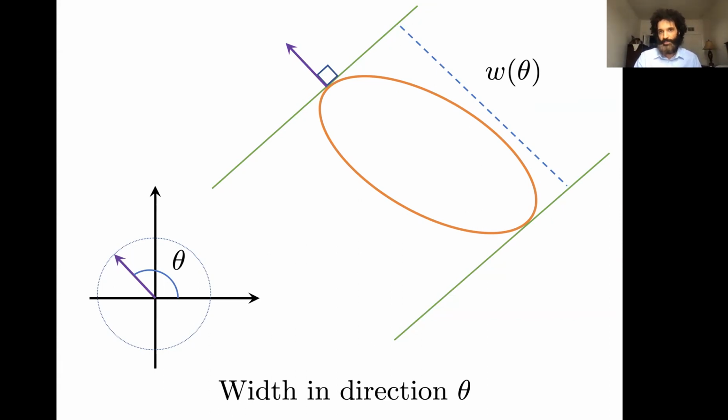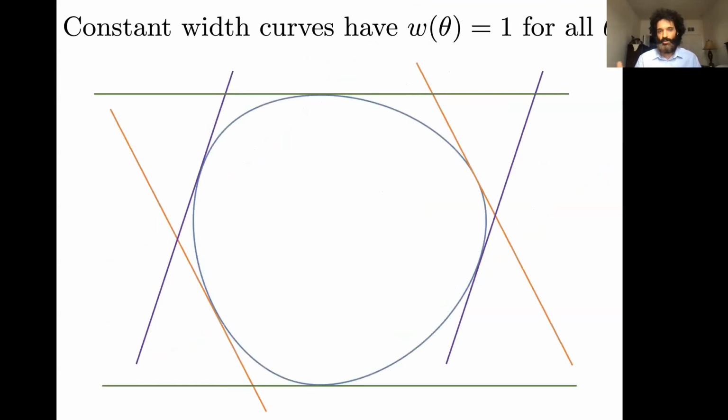All right, and so the objects that we'll focus on today will be curves and then later bodies in space of constant width. And so in the plane, a curve of constant width is one with W of theta equals 1 for all theta. Okay, so this blue curve on the slide is a curve of constant width, one that I cooked up on my computer.